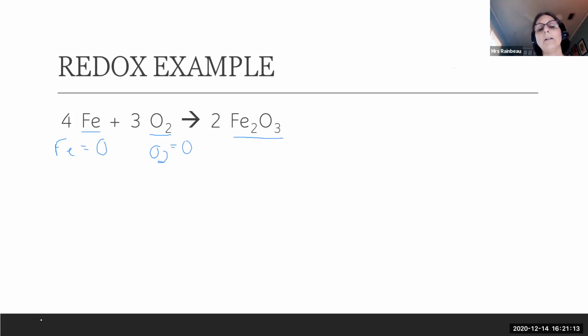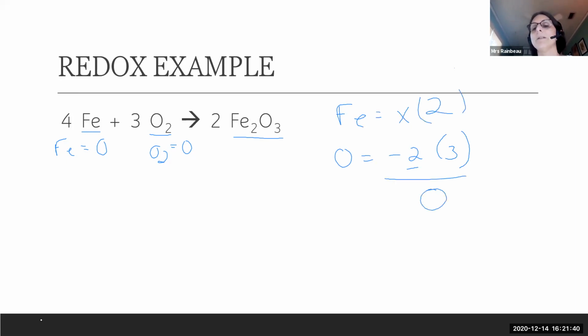Now we have iron(III) oxide, Fe2O3. So this we have to figure out its oxidation numbers for. You have iron and you have oxygen, okay? Oxygen is -2 and you have 3 of them. Iron, we're not really sure, although I do know what it is, but let's pretend like we don't know, and it's x. There's 2 of them. These have to equal 0.